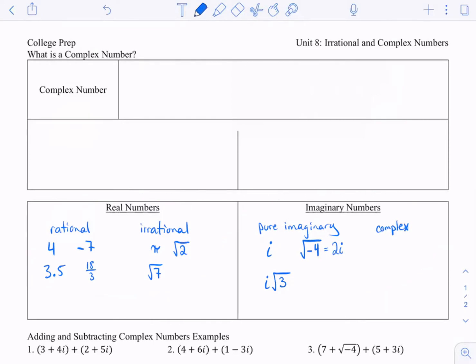So complex number. So let's talk about it. It's in the form of a plus bi, where a is your real number and bi is all your imaginary numbers, or the b part.